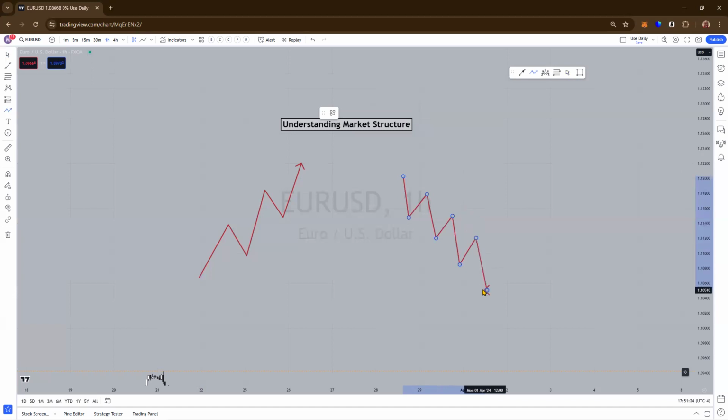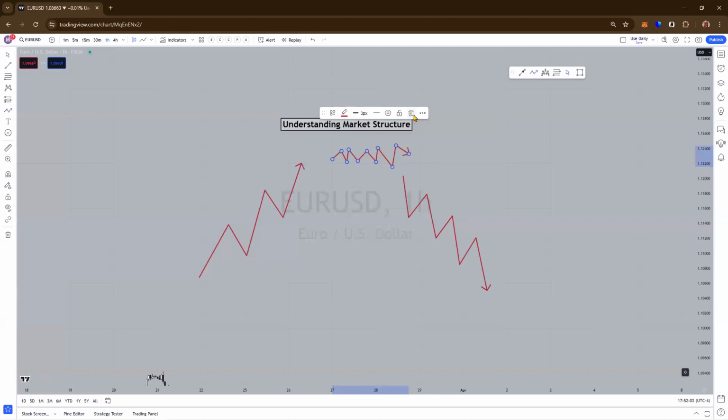So what happens is once you understand that the market does these things, because it'll go up, consolidate on the top, and consolidation is pretty much, this is what consolidation is, when the market goes sideways, and you don't want to really be in a consolidated state because the market hasn't decided what direction it wants to go. So you don't want to trade it when a market goes sideways. So you stay away from that.